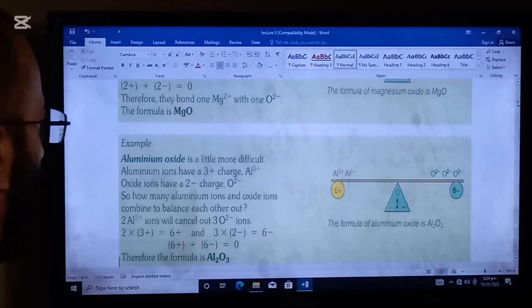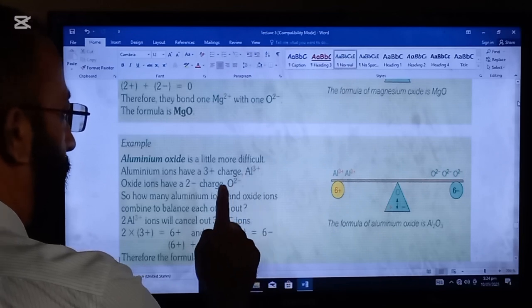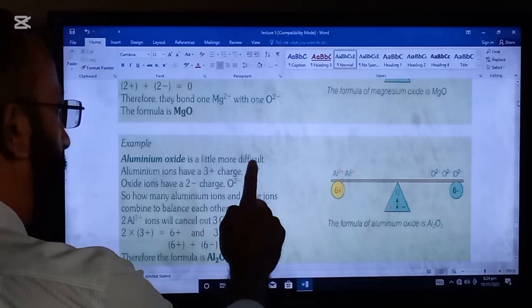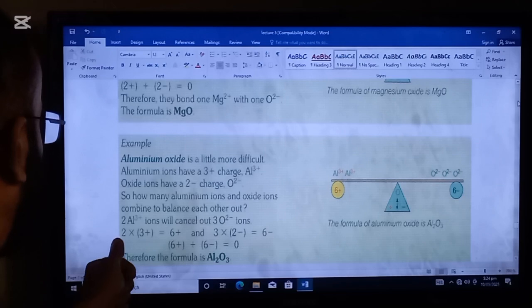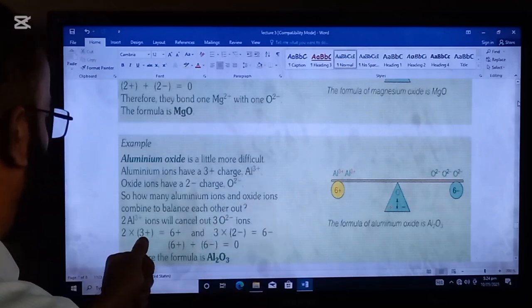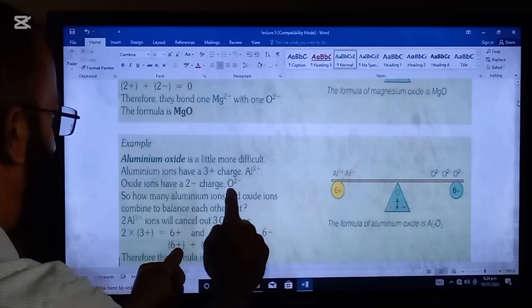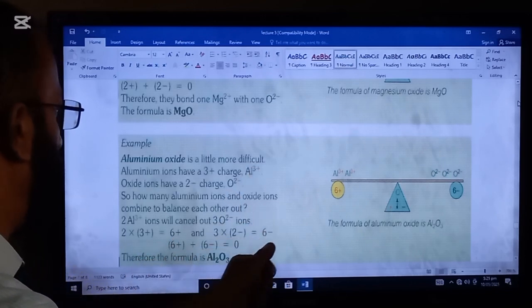The simple way I'm telling you is to multiply this number with the other ion and multiply this number with the other ion. So it means 2 times 3+ is equal to 6+ and 3 times 2- is equal to 6-.